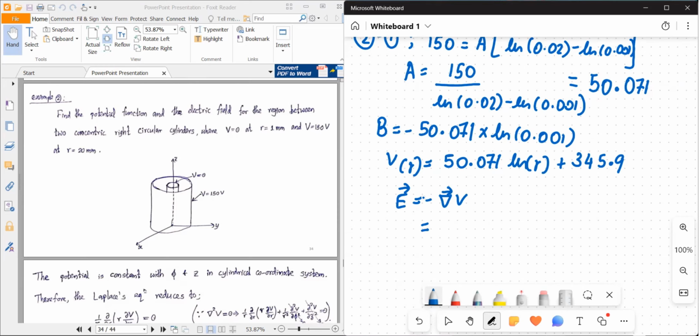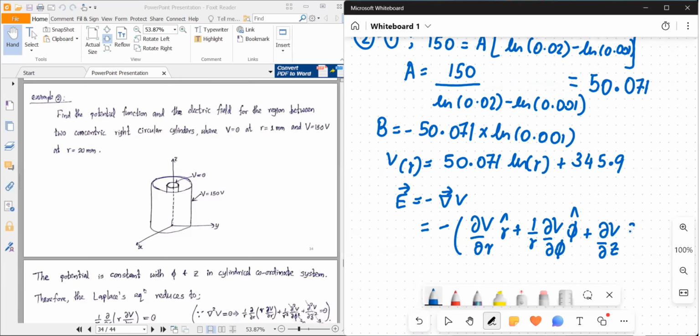Here we are using the cylindrical coordinate system. Therefore, the del operator is ∂V/∂R in the R direction plus 1 over R ∂V/∂psi in the psi direction plus ∂V/∂Z in the Z direction.